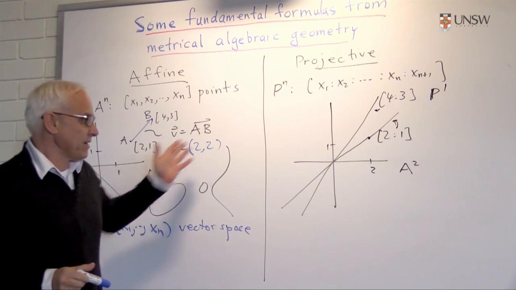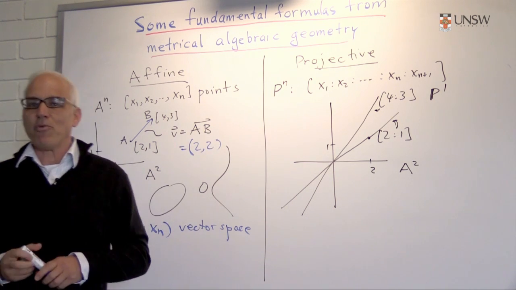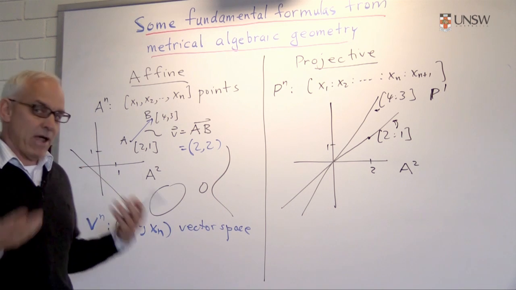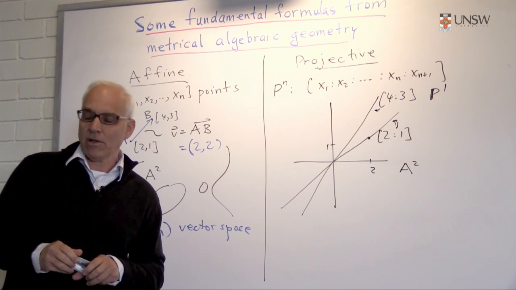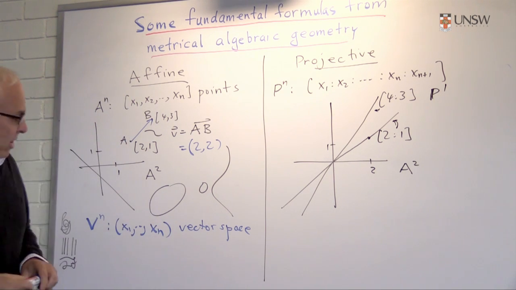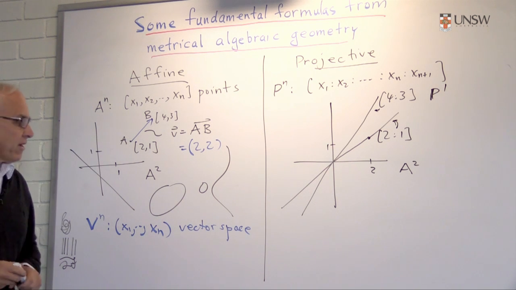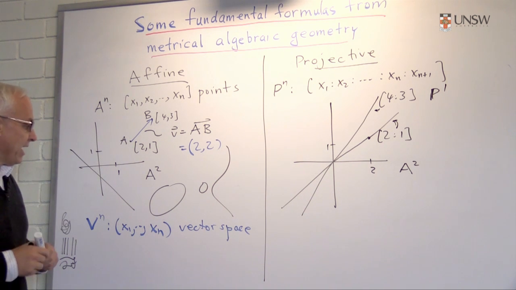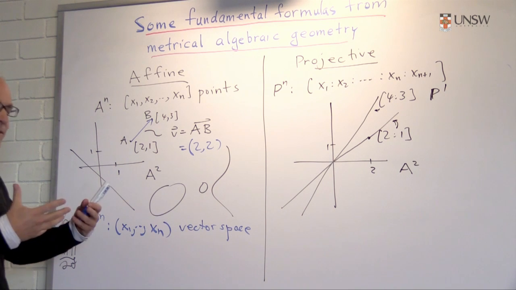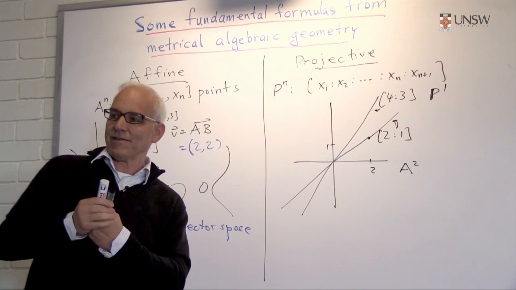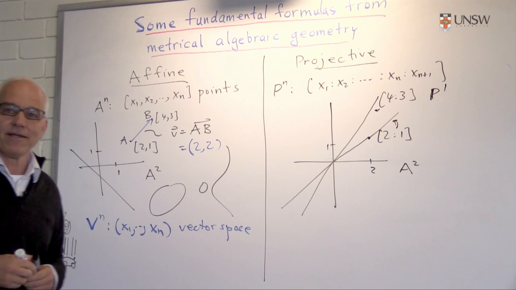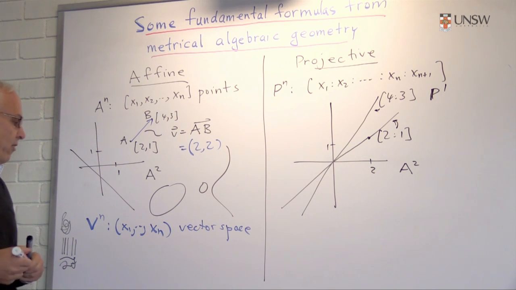So we want to look at these things from a metrical point of view. That means we want to make measurements in the spirit of classical geometry, but we want to do so in an algebraic fashion. So the key ingredient that we need to add to our geometry to get metrical structure is a quadratic form.